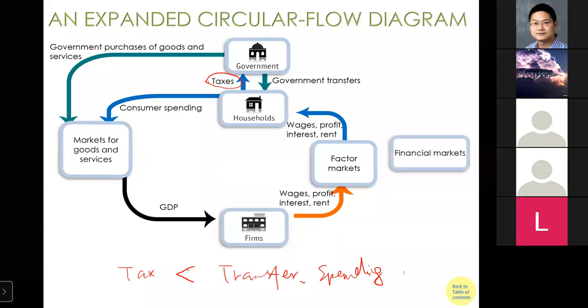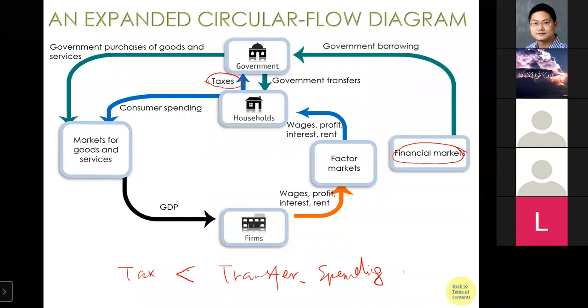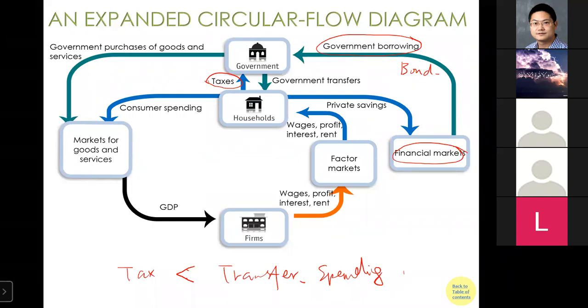So we need to consider the financial market. The government is going to borrow in the financial market, right? So this is government borrowing, and government borrowing through a bond, as we saw earlier, right? So in the form of an IOU, right? But where does the money come from in the financial market?